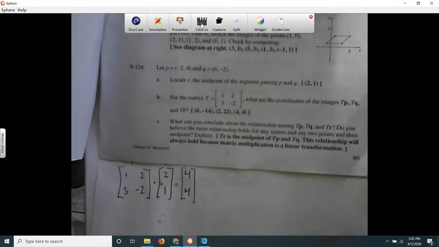Yeah, we're supposed to say, so here's the answers that I just showed you right here. So they just wrote them as ordered pairs.